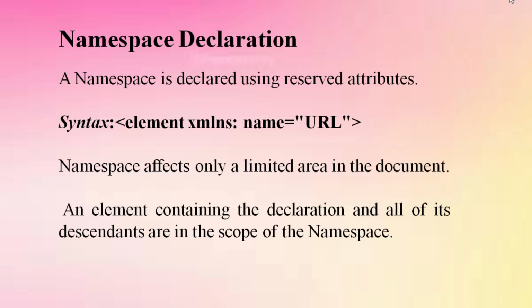An element containing the declaration and all of its descendants are in the scope of this namespace. The W3C uses specific name prefixes to identify W3C data types and functions.